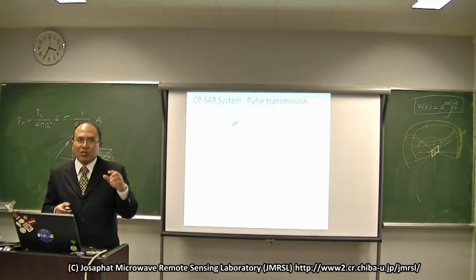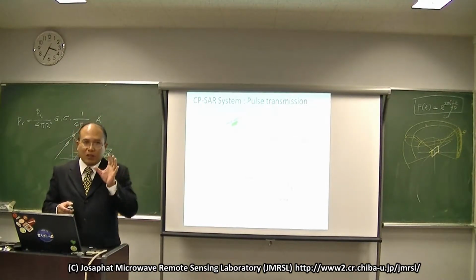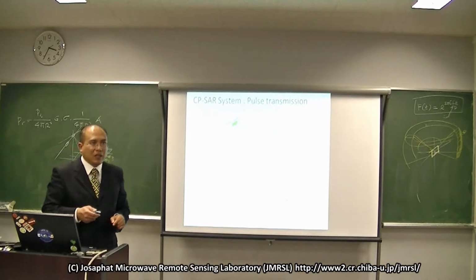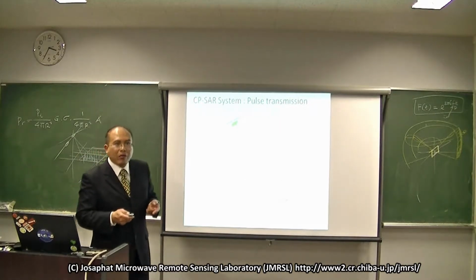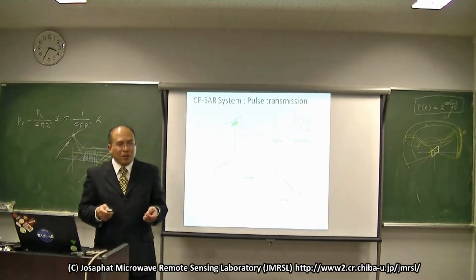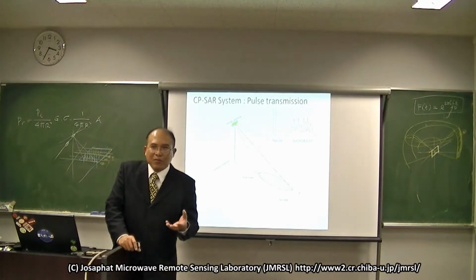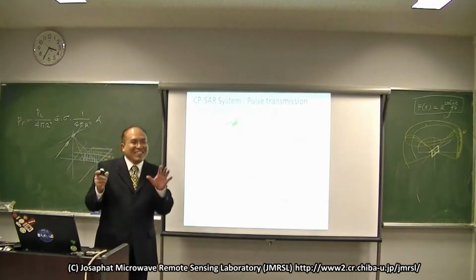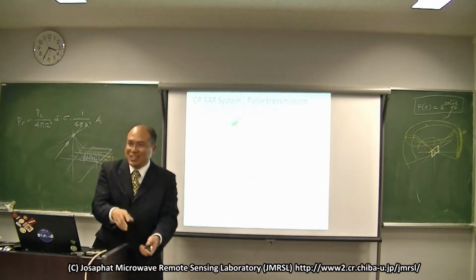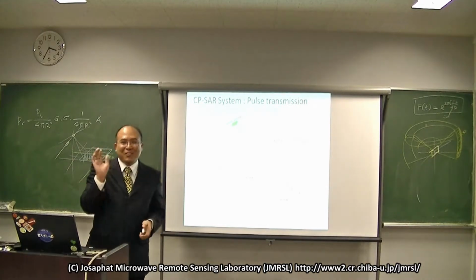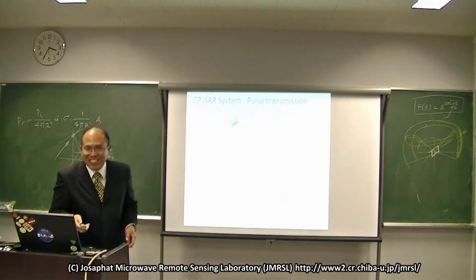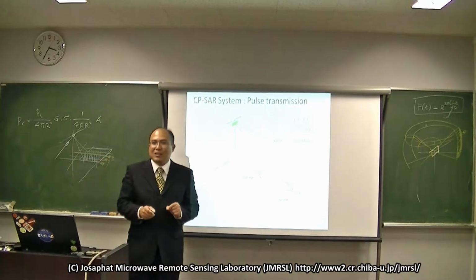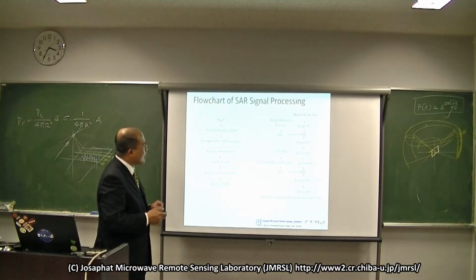But we can also simulate the real pulse and then use it as the reference function, if we know the parameters of our radar, for example, that we transmit with a bandwidth of 50 megahertz. Don't forget, if you design your system, don't forget these parameters, because if you forget, you cannot regenerate your image. So you must save this pulse.